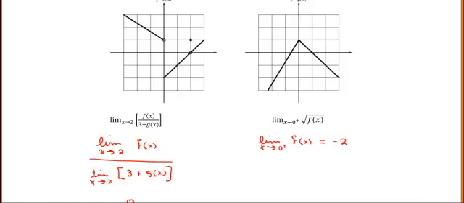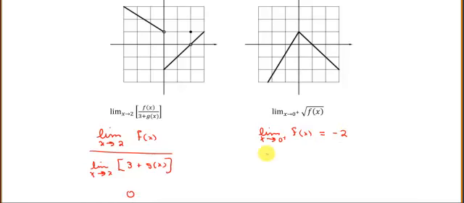And if I take the square root of negative 2, this is not a real number. So this limit does not exist. What do you think about the limit as x approaches 0 from the left? I'll let you think about that.